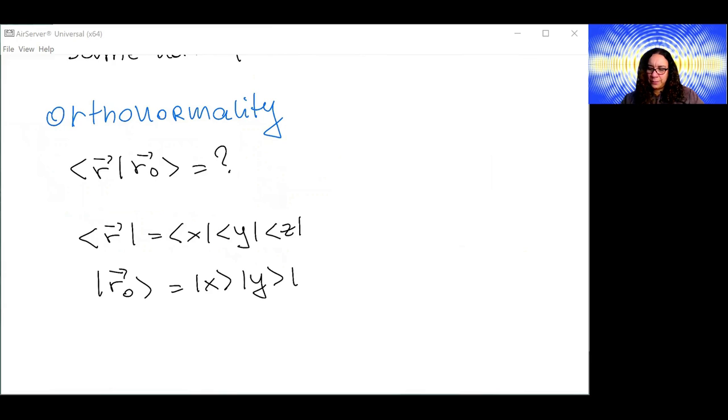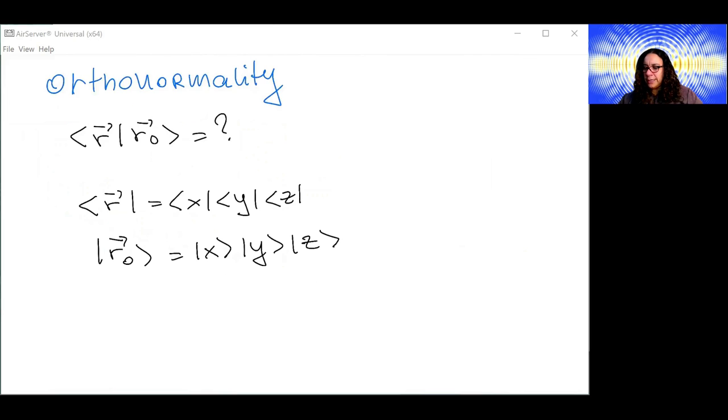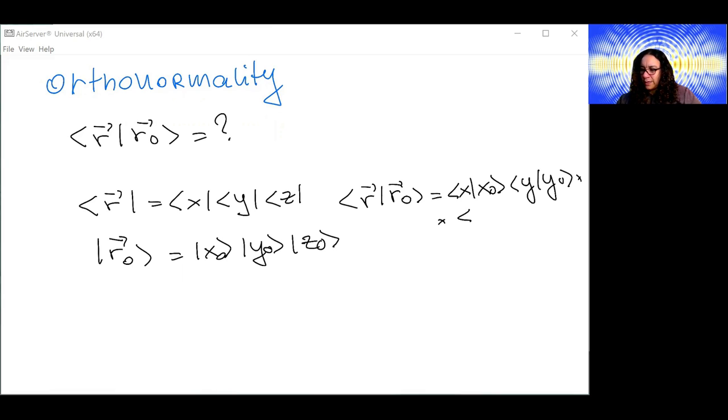So we have to compute this bra. We have the bras, we have the kets, we have everything. So r in a product with r naught is going to be, here I forgot the naught, sorry, x naught, y naught, and z naught.